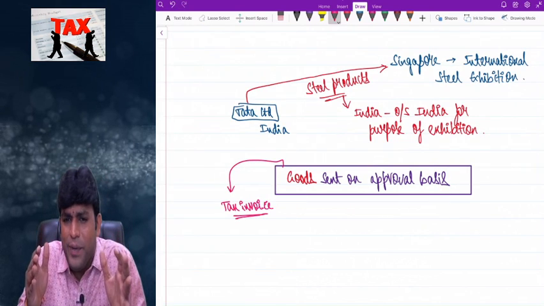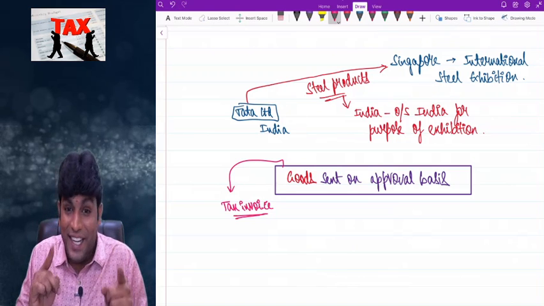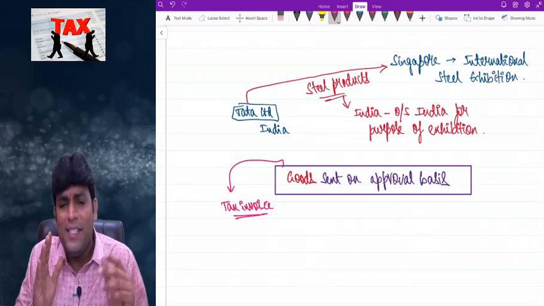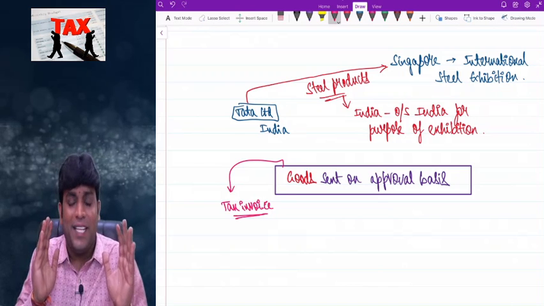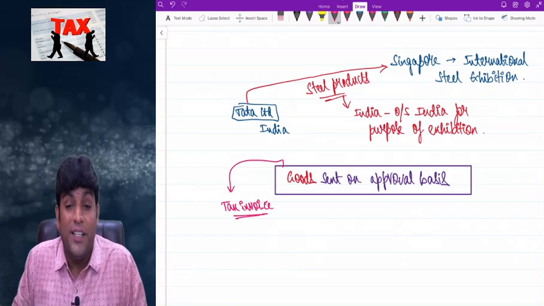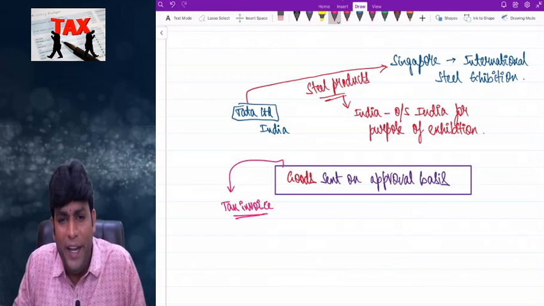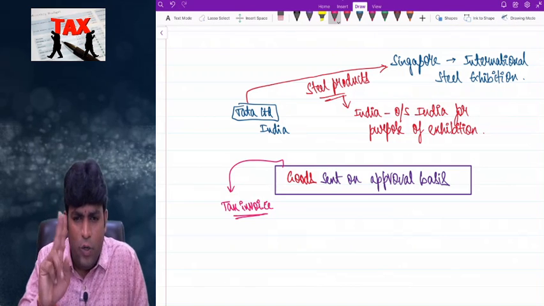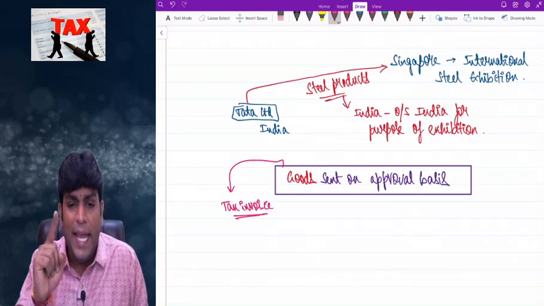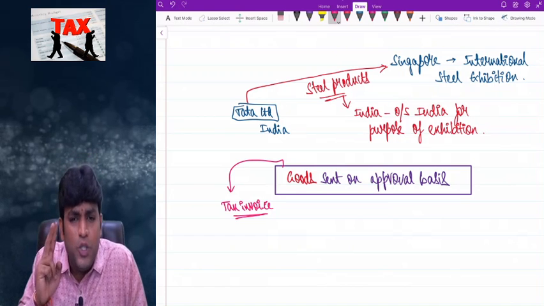Exempted supply is a case where on output we do not pay tax, but we cannot claim input tax credit. Whereas zero rated supply is a case where on output we do not pay tax, but happily we can take input tax credit, provided zero rated supply is made under bond or LUT, letter of undertaking. And let me make you recollect that in zero rated supply, there are only two categories. Number one, exports. Number two, supplies to SEZ. Only these two are covered in zero rated supplies.